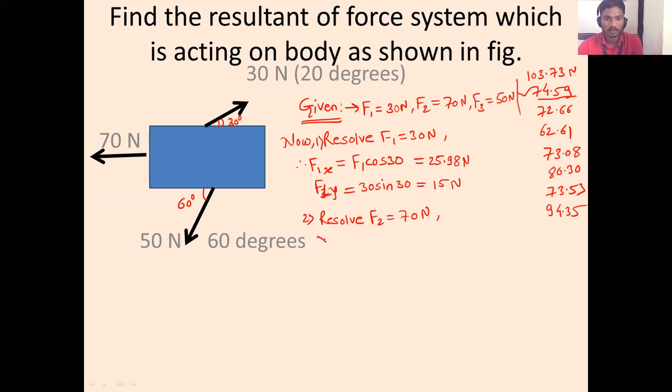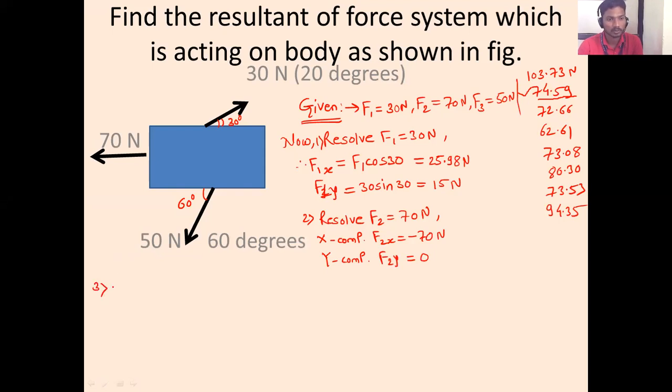Minus 70 Newton is X component and 0 is Y component. So F2x is equal to minus 70 Newton, and F2y equal to 0.